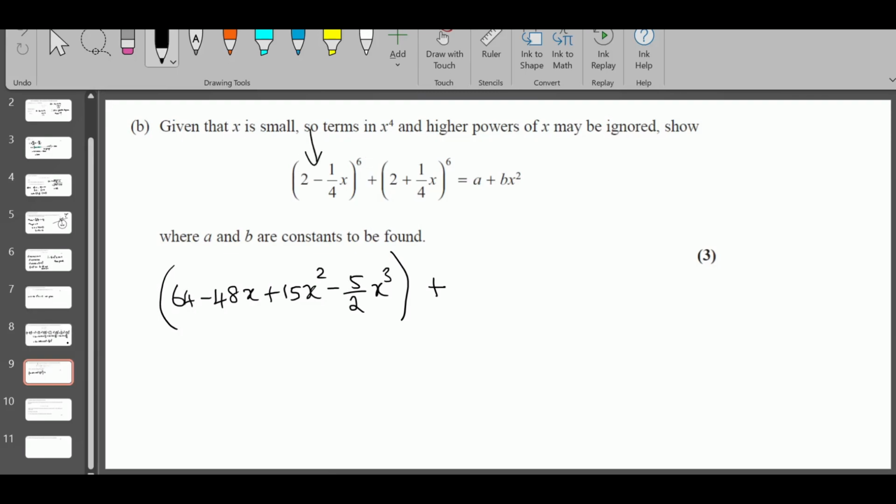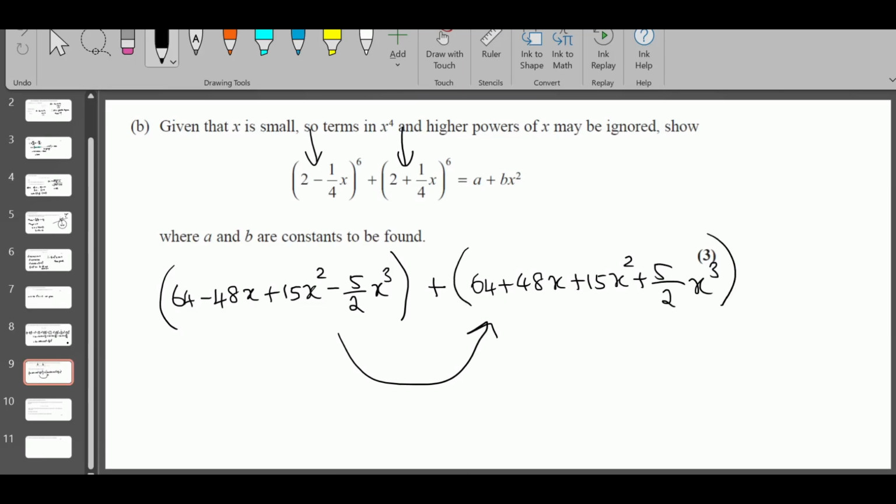Only here you have negative, here you have positive, so it's the same thing with all positive terms: 64 plus 48x plus 15x square plus 5 over 2 x cubed.